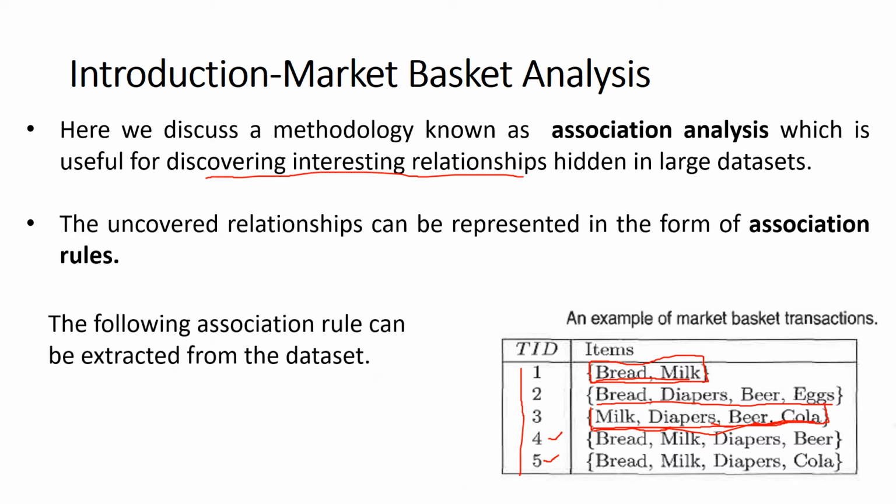In this example, we can come up with the following rule as an example. The rule diapers to beer, which means that having bought diapers, what is the likelihood of the person buying beer?